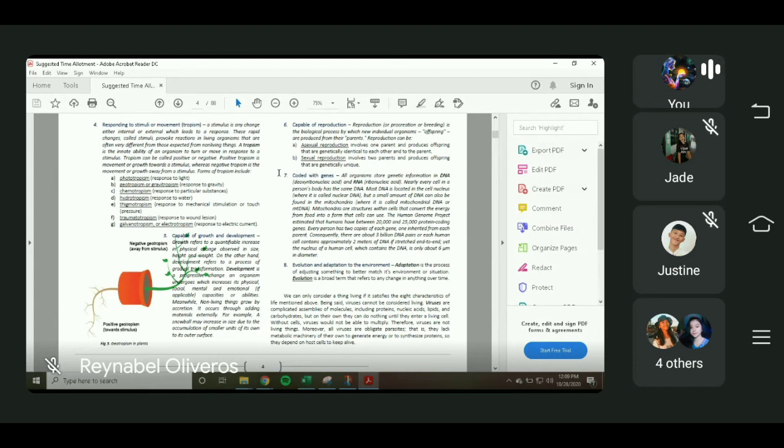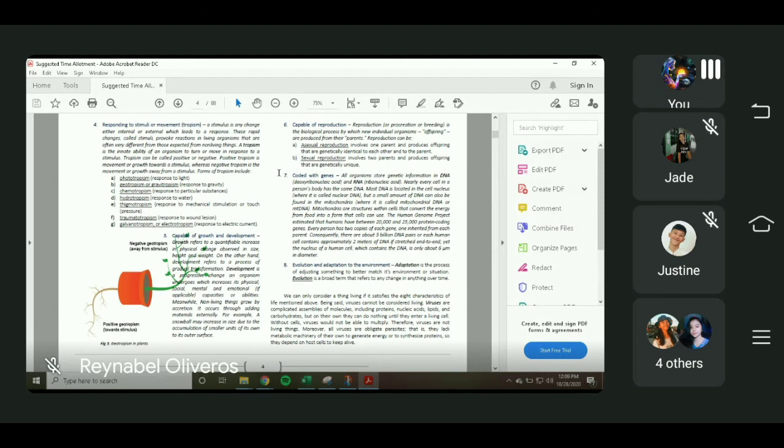So, ayun agad eh. May response ka kaagad dun eh. May reaction ka kaagad eh. Kasi nahulog yung cellphone mo. 'Di ba? It is because of gravity. Okay? So, yun pala tropism or reaction or response natin when it comes to falling object. Ang tawag natin doon ay geotropism or gravitropism. Okay? So, next one is the chemotropism.